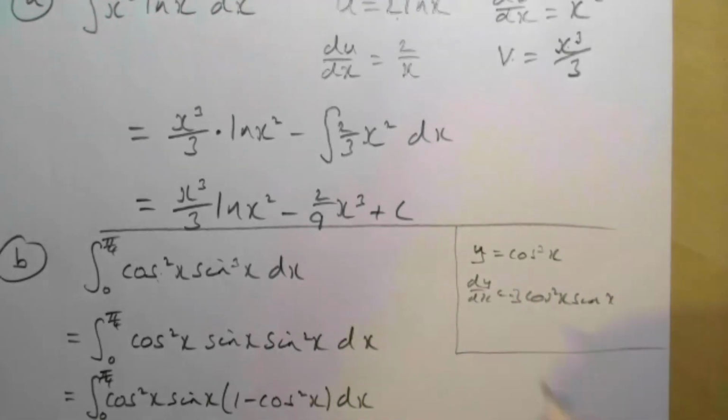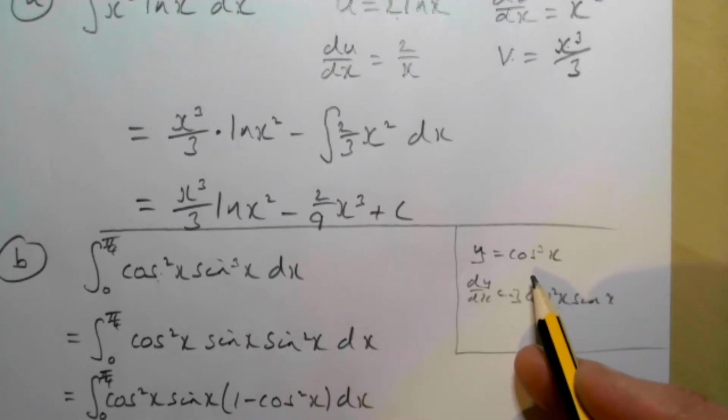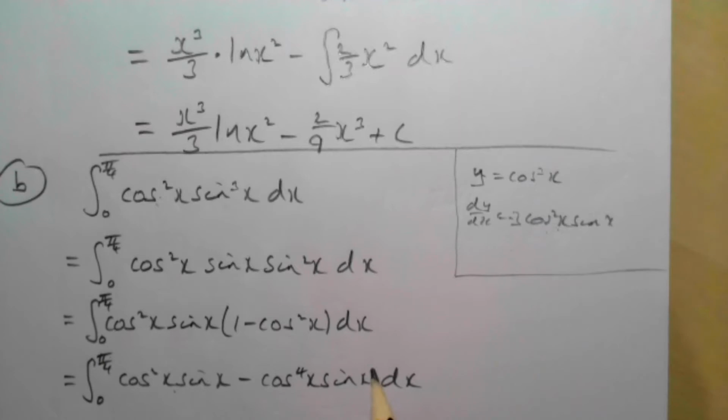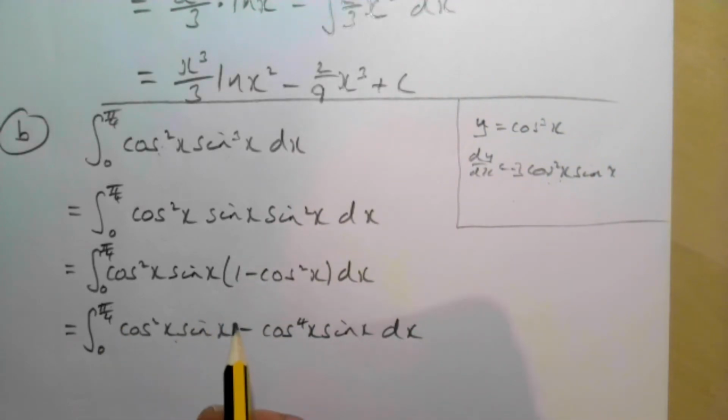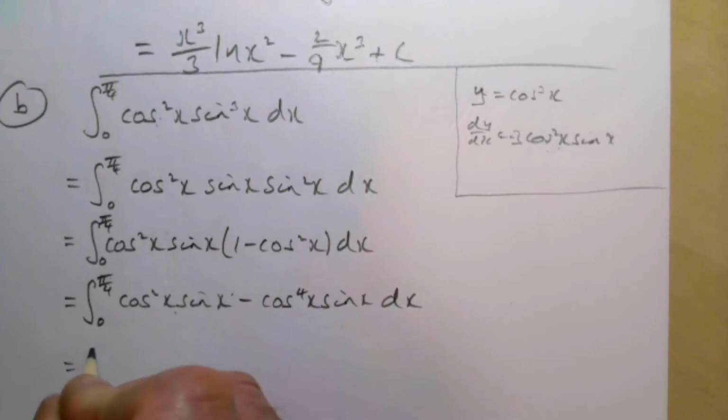And if you practice these for a bit you can see, this looks really quite like this, only a kind of backwards version. So if we actually integrate this, we end up with some sort of cos cubed x. If you have no idea what I'm talking about, you need to go back and look at some of the notes for integrating something like this, but weirdly this is much more straightforward to integrate than cos squared x itself.